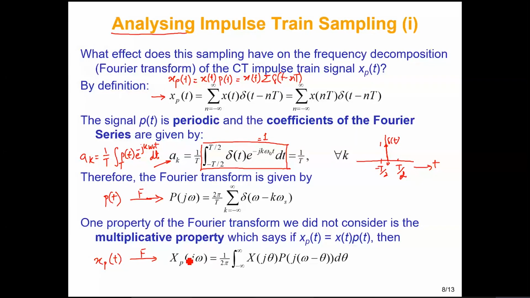From p(t) we saw that the Fourier transform is also a set of impulses. Now how do we find the Fourier transform for x_p(t)? For that we use this particular relation that we see here. x_p(t) is basically the multiplication of x(t) with p(t). And again here there are a few things that I'm going to present, which you may have already seen, but it may not have been that clear, but now let me make it more clear.